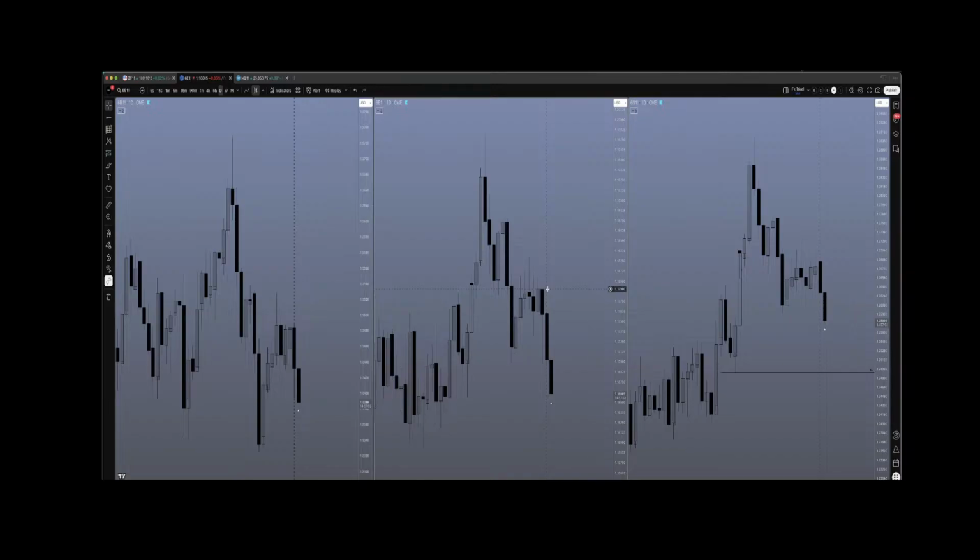We have a range daily profile on the currency futures triad.